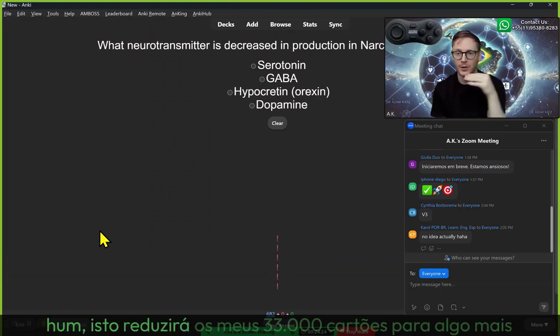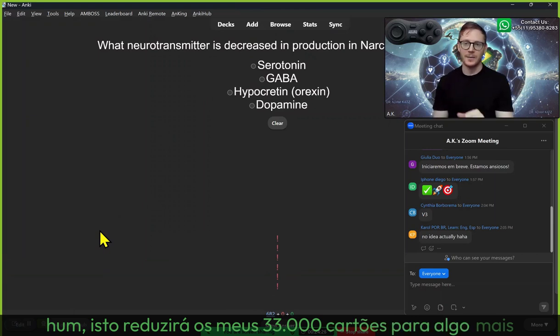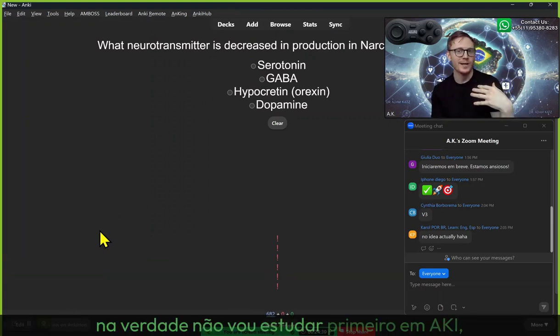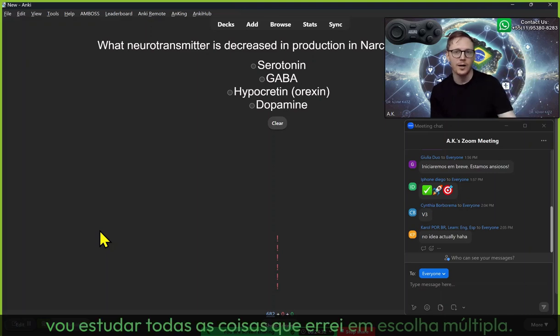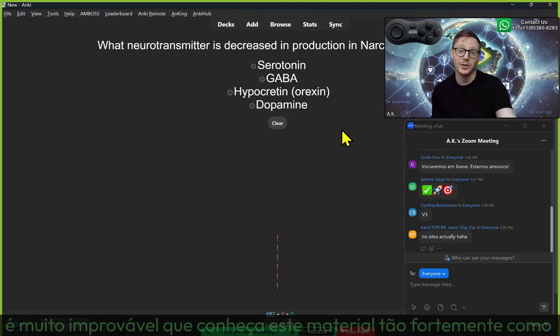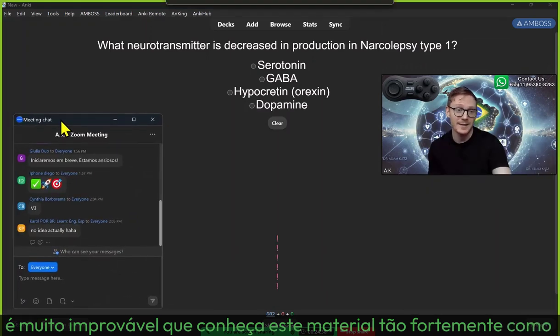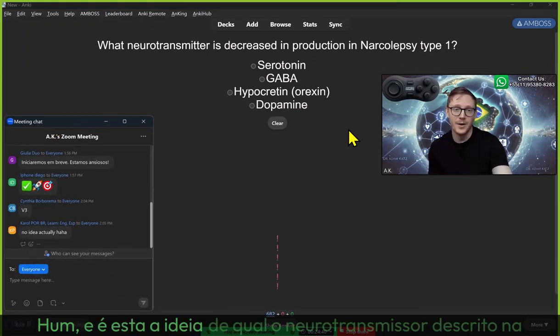So it'll cut down my 33,000 cards into something more manageable. The things that I get right in multiple choice, I won't study on Anki first. I'll study all the things I got wrong on multiple choice. If you get something wrong on multiple choice, you're very unlikely to know that material as strongly as you should on test day. And so that's the idea.